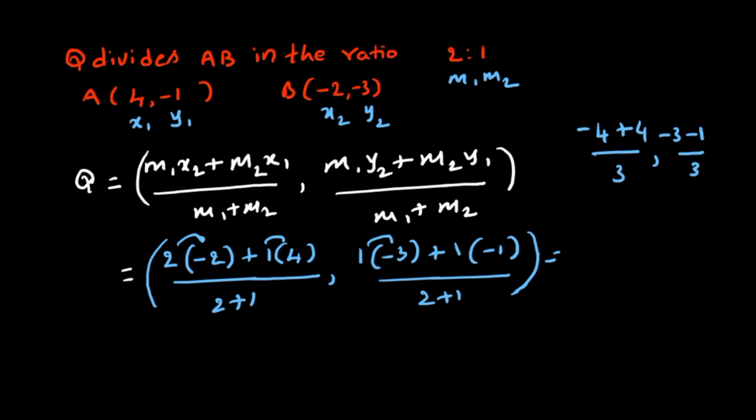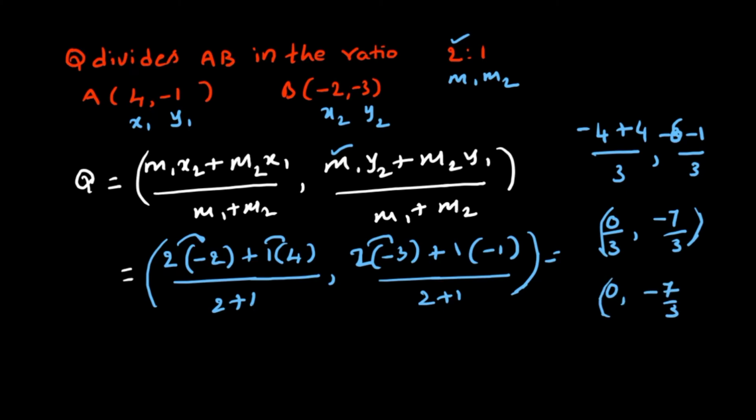Sorry, actually m1 is 2, right? So we get 2 into -3 is -6, then -6 minus 1. So this is 0 by 3 and -7 by 3. So the point is (0, -7/3).